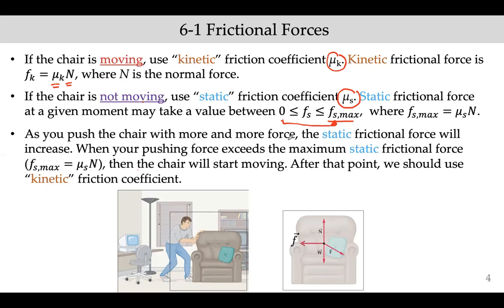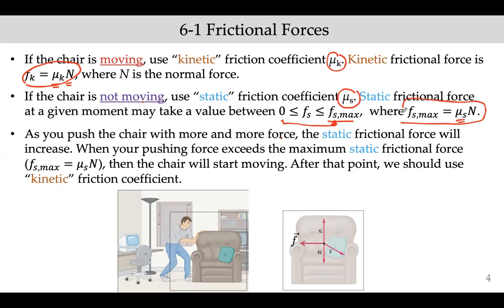So it can increase from 0 up to some maximum value. What is that maximum value? How do you calculate it? Well, it's just like this formula, except we will use the static friction coefficient. As you push the chair with more and more force, the static frictional force will increase. When your pushing force exceeds the maximum static frictional force, which is this value here.